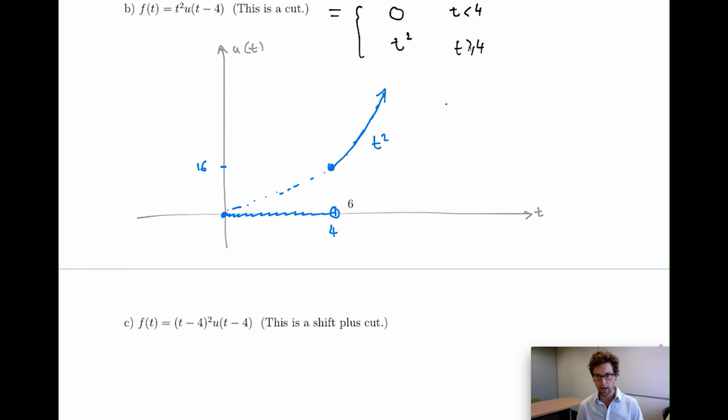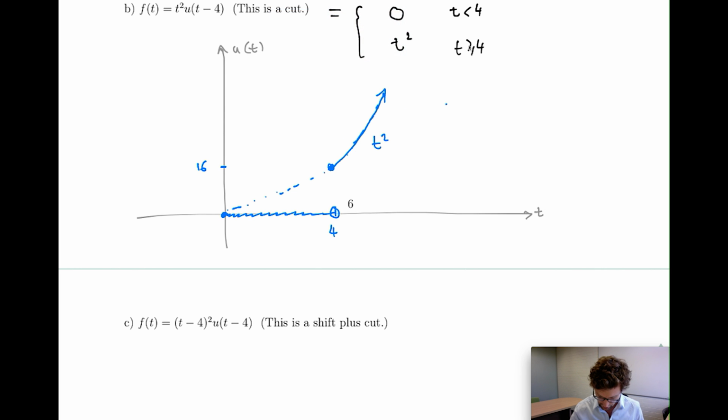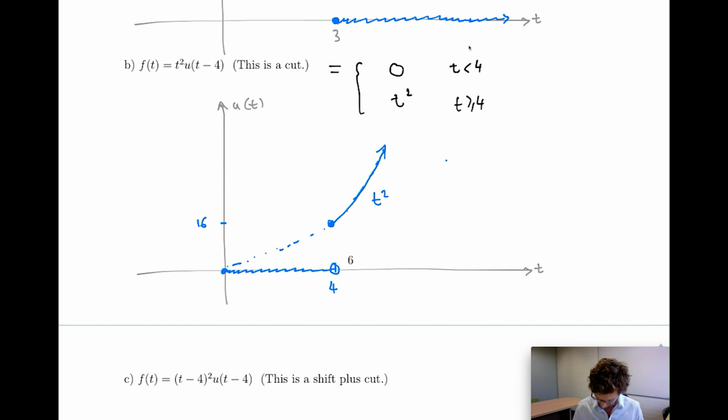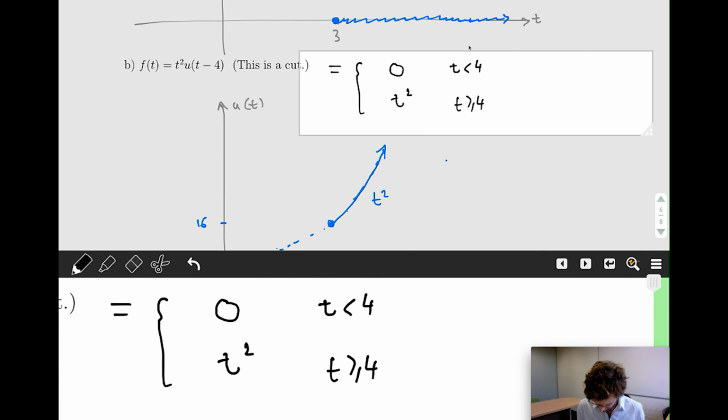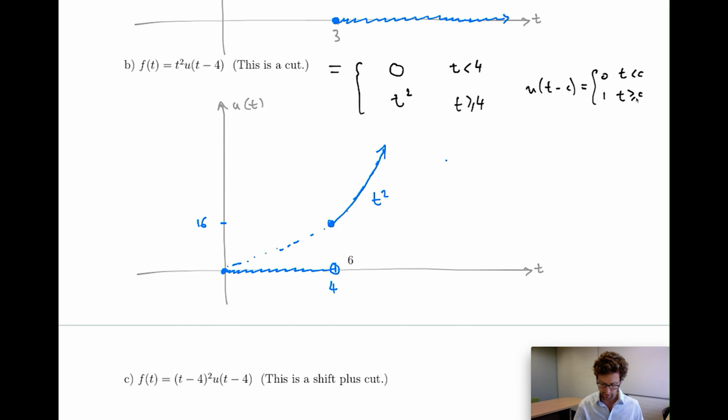I'm always guided by the definition of the Heaviside function: u of t minus c is equal to 0 for t less than c and 1 for t greater than or equal to c. So we're not including the point on the left, but we're including the point on the right to guide us when we're drawing these figures.